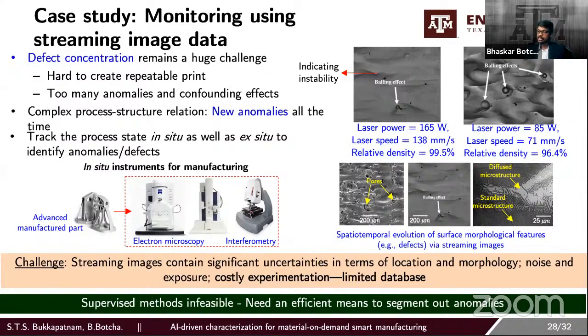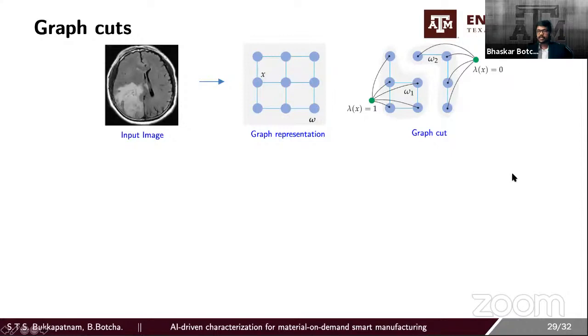Unfortunately, we can't really afford that, because each and every experiment involves a lot of cost. And supervised methods are infeasible because of the huge experimental costs involved. We need to find an efficient means to segment out all these anomalies.